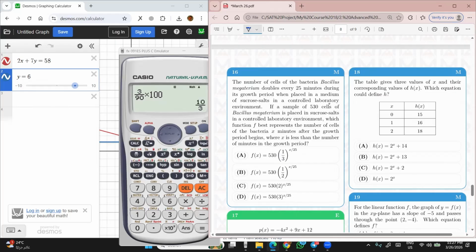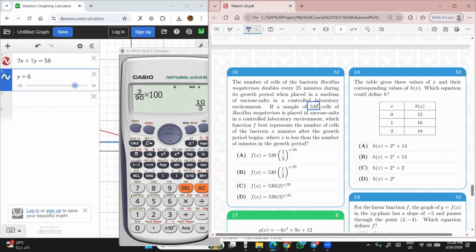In a controlled laboratory environment, if the sample of 530 cells of Bacillus megatherium is placed in the sucrose salts, so this is the amount we started with. Which function f gives or best represents the number of cells of the bacteria x minutes after the growth period begins, where x is less than the number of minutes in the growth period.